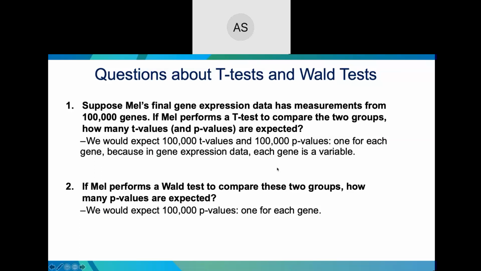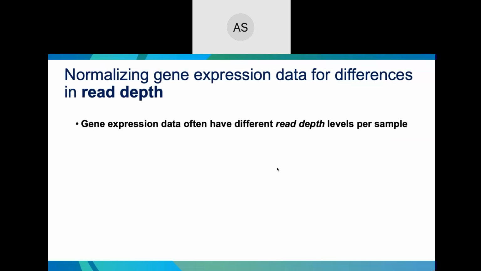All right. So now we've been talking about things generally, what are some statistical concepts that build on top of each other, and just in the last couple of slides we've started getting into what we need to do specifically for gene expression data.